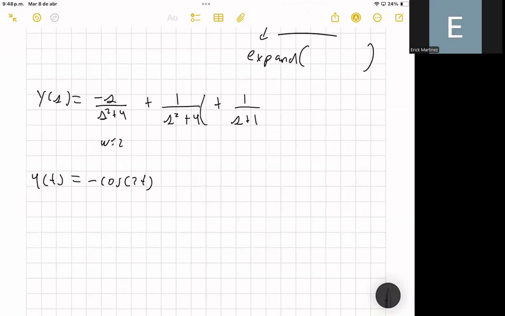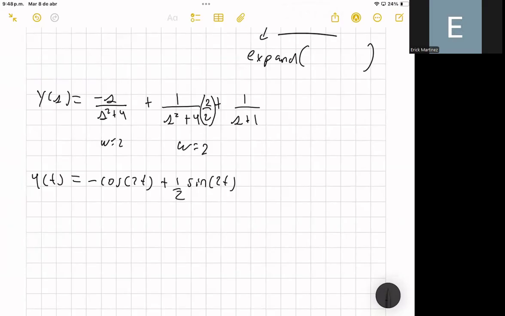So what you can do is multiply and divide this term by 2. Here you can see that omega is equal to 2, because this looks very similar to the Laplace transform of a sine wave. If you invert that, you will obtain that the inverse Laplace transform is 1 over 2 times the sine of 2 times t.